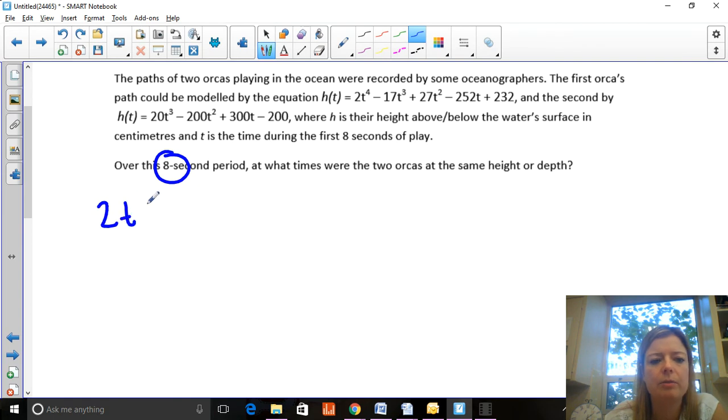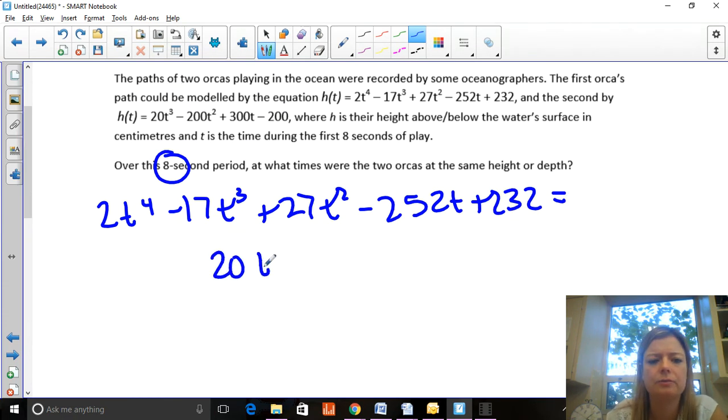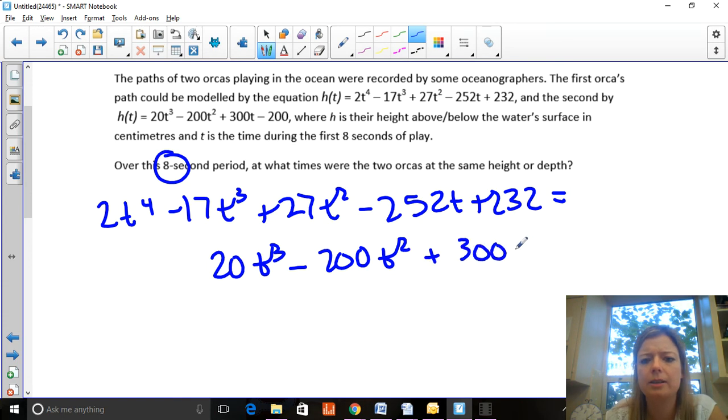Okay, so you have to set these two equations equal to each other, which is a huge, long, annoying process of writing these out. And then you write this whole long thing, minus 200t squared plus 300t minus 200.